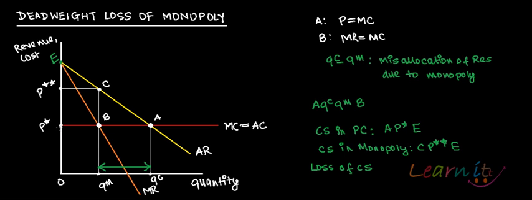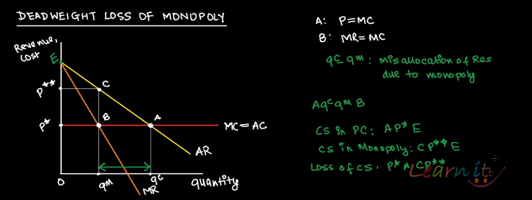Total loss of consumer surplus is P star A C P double star. This entire area is the total loss in consumer surplus.